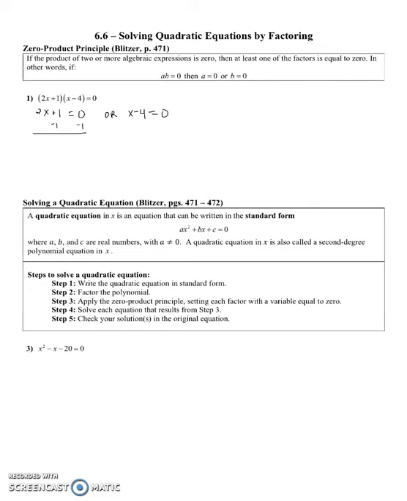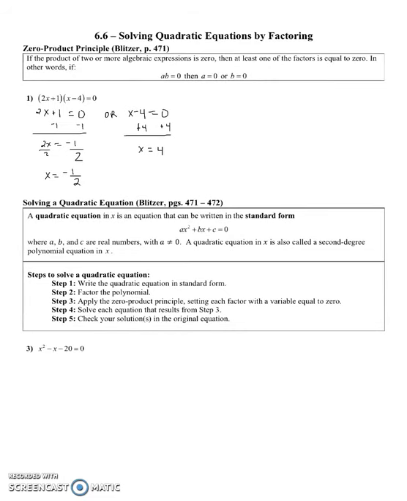We get 2x = -1, and then divide both sides by 2, and we get x = -1/2. If we solve x - 4 = 0, we just add 4 to both sides, and so we get x = 4.